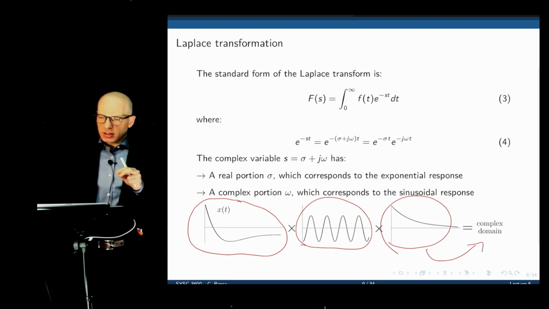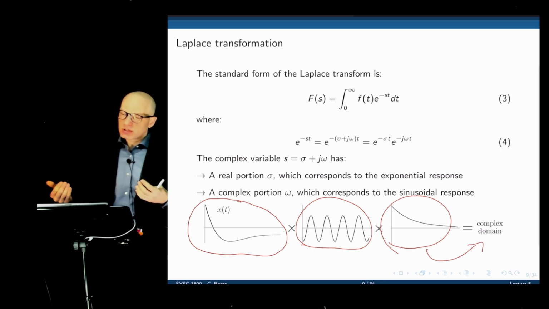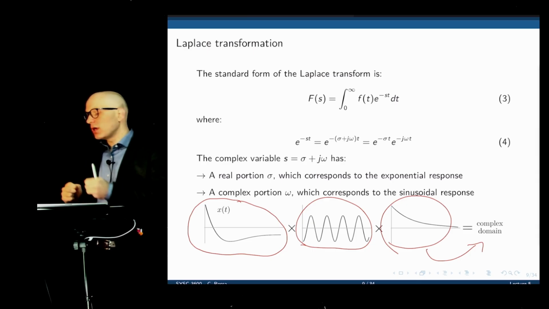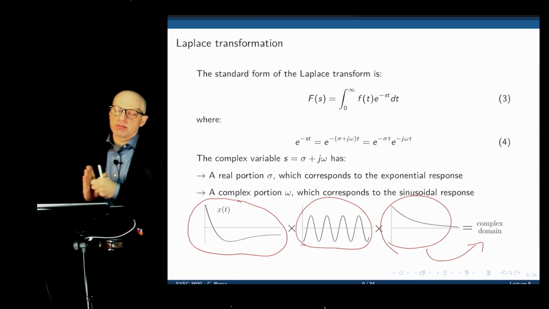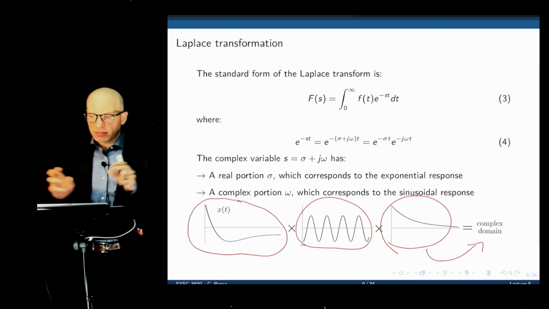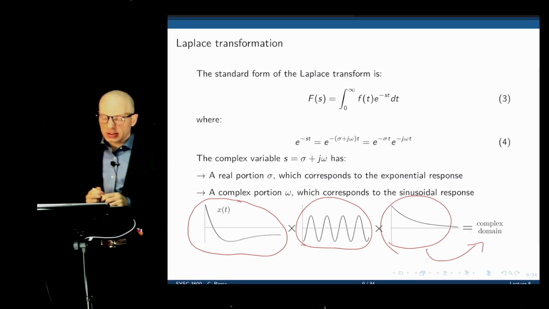And that is not in time anymore. We are now dealing with frequency. Instead of describing systems in the time domain, how they behave over time, we are now describing how they behave over frequencies, depending on the frequency of the input, the frequency of the sinusoidal components that make up the signal x of t.